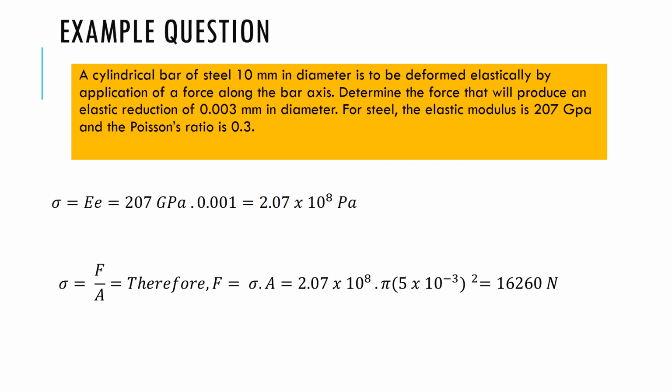Then we can work out the tensile stress by taking the elastic modulus of the material and multiplying it by the engineering strain, which we've just got from the Poisson's ratio. And we can use the equation for engineering stress, F over A, to calculate this force, which comes out as 16,260 newtons.